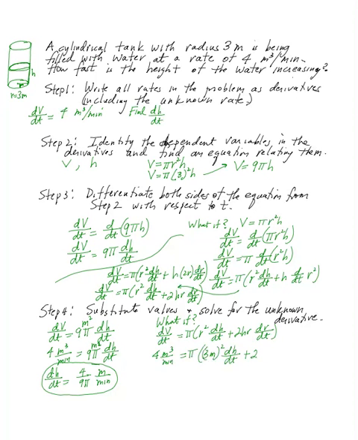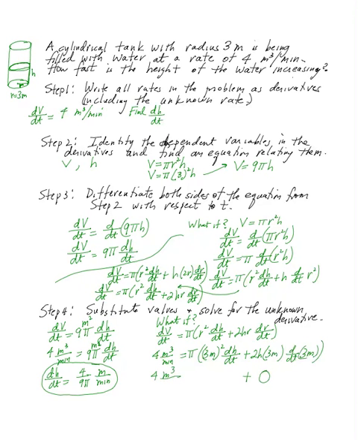The height we don't know. The radius is 3 meters. But what's dr/dt? Well, it's the derivative with respect to t of 3 meters. That's a constant, so that's going to be 0. So this last term is just 0.